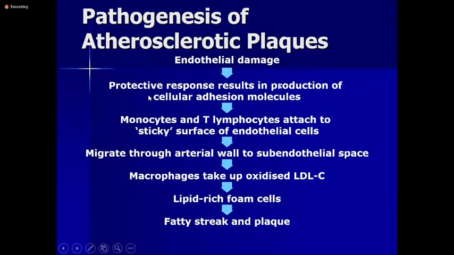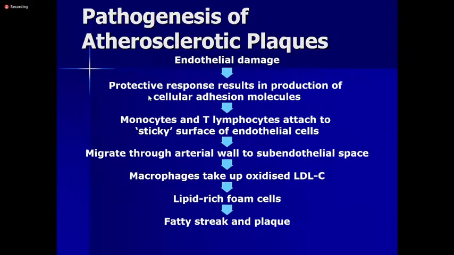So there's a protective response which results in production of what we call cellular adhesion molecules. What these cellular adhesion molecules do is that they attract monocytes and T lymphocytes, which then stick to the surface of these damaged endothelial cells. They then migrate through the arterial wall to the subendothelial space.